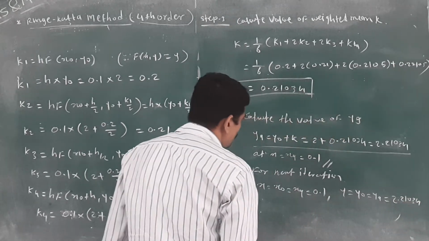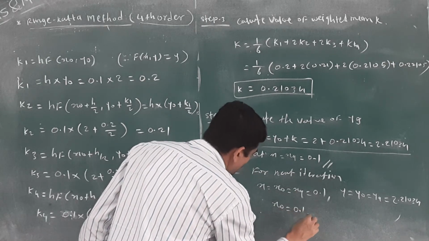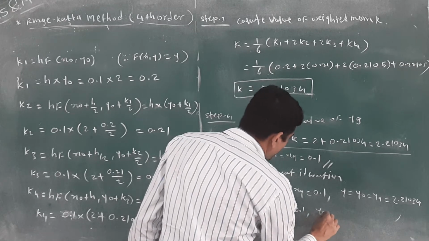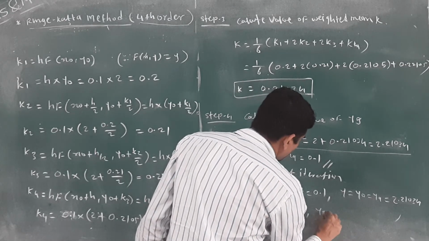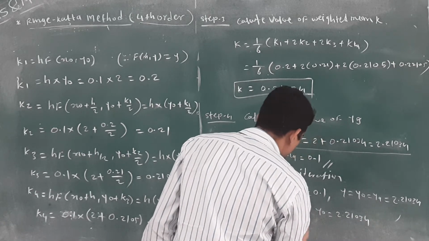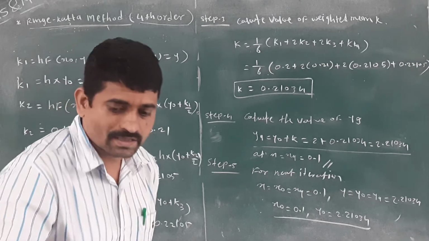So x0 is 0.1, the new value for the next iteration, and y0 is 2.21034. You have to use this value and find the iteration number 2.